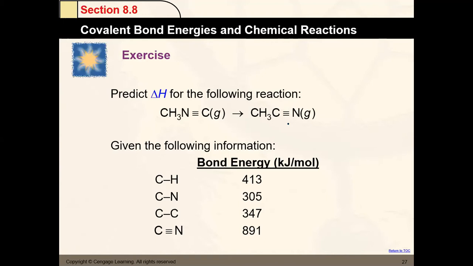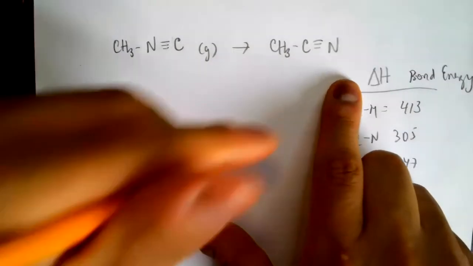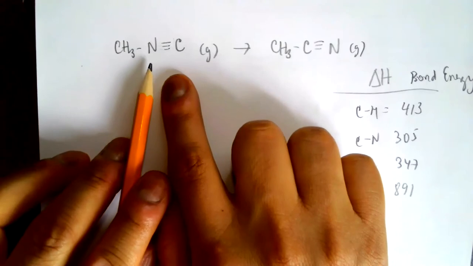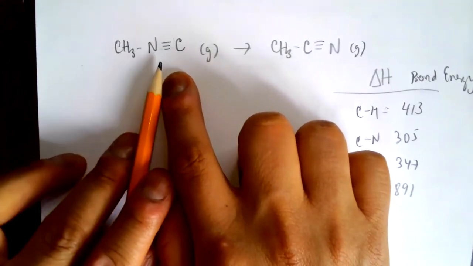C single N costs me 305. C single C costs me 347. C triple N costs me 891. So that's the bond energy, delta H bond energy. They want to know the energy associated with this process. This is acetonitrile, and this one is, I think, methyl isonitrile.